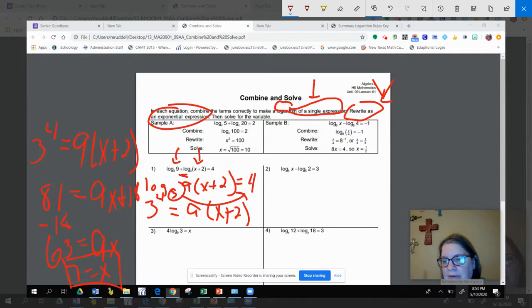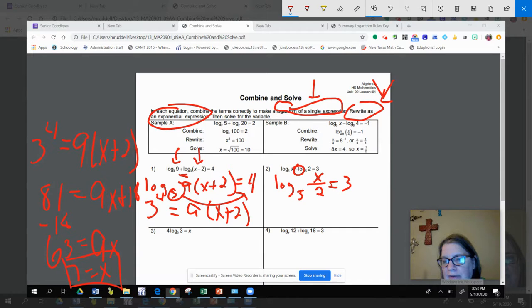All right, look at number 2. What is done to the two logs? Do you see that subtract right there in the middle? Subtract goes with divide. So what are we dividing here? We have x and 2. So we have log base 5 of x over 2 equals 3.